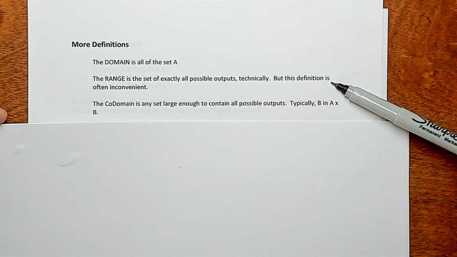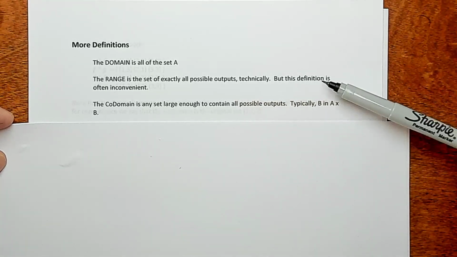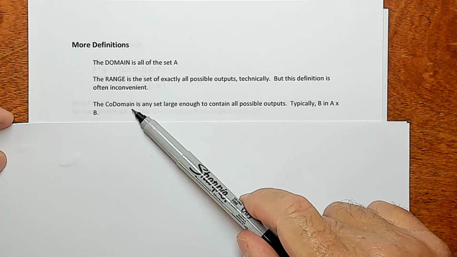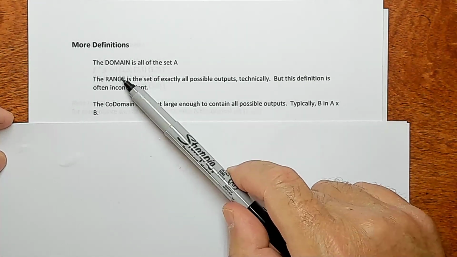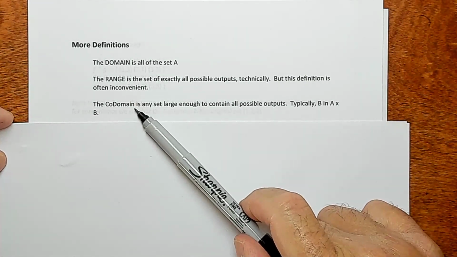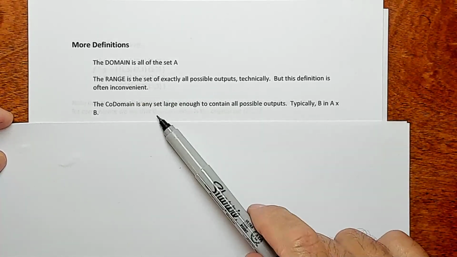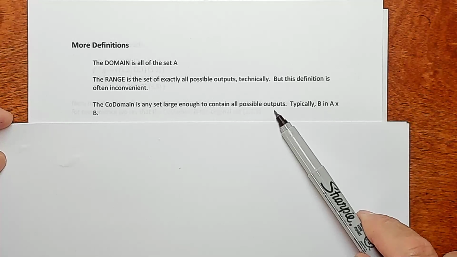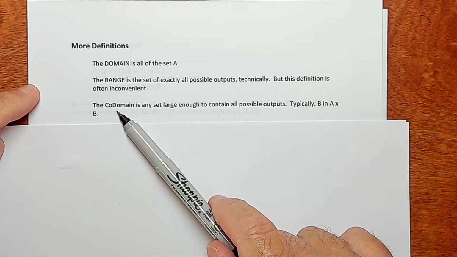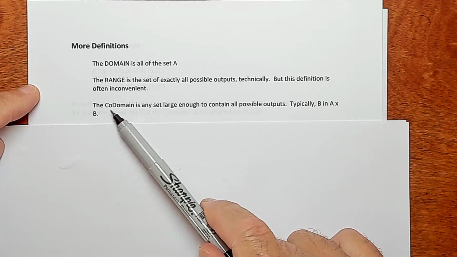But often that's inconvenient, and often we'll use the codomain instead of the range. So the codomain is any set that's big enough to contain the range, big enough to contain the possible outputs. So typically we'll use B as the codomain.